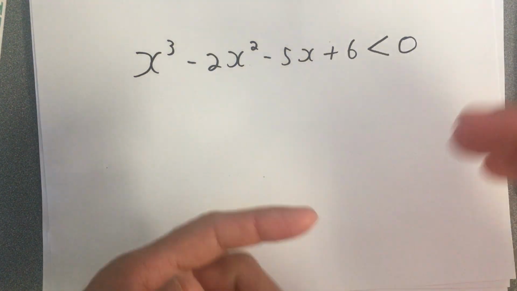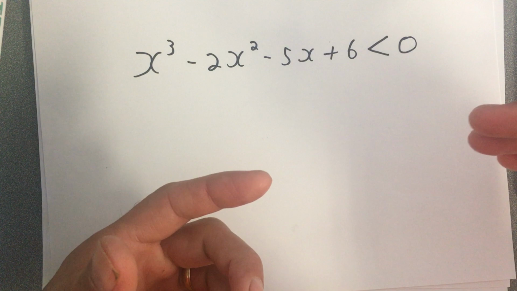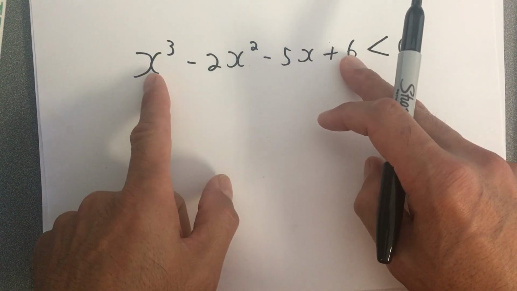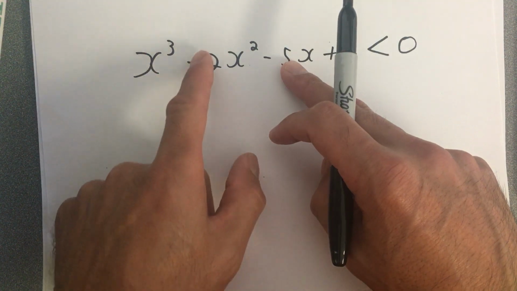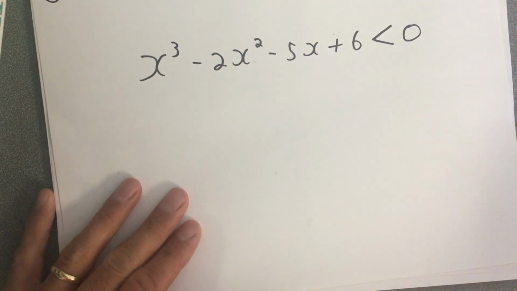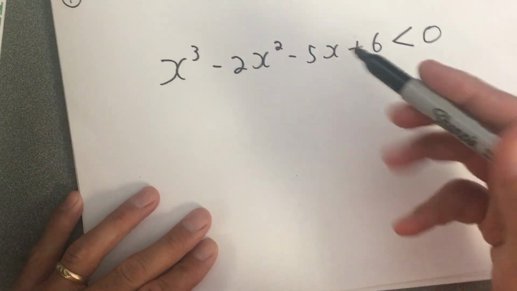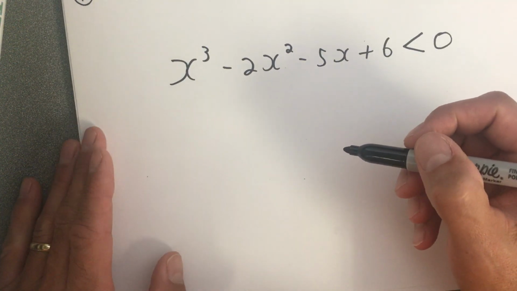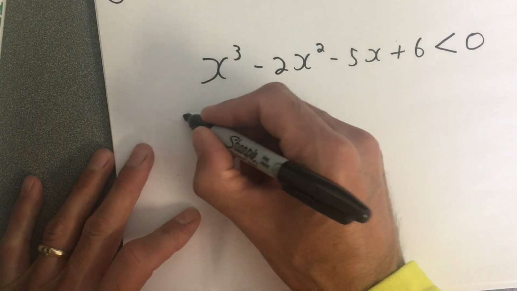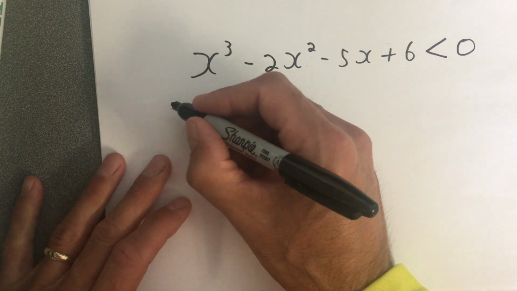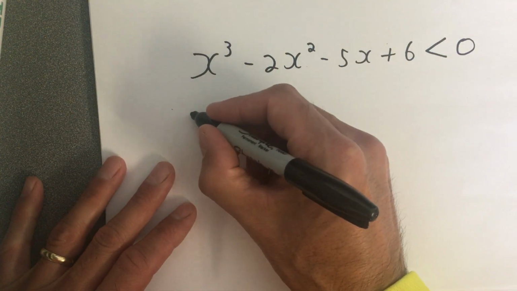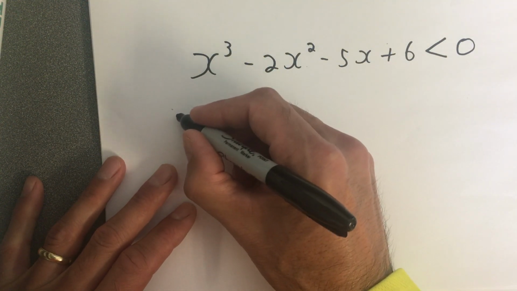Well, if we put in a positive 1, that's going to give us 6 plus 1 is 7, minus 5, minus 2, yeah. So that means that 1 is a root, which means I can divide out x minus negative 1. Or sorry, x minus 1. So x minus 1 is a factor because 1 is a root. So I'm going to divide out x minus 1.